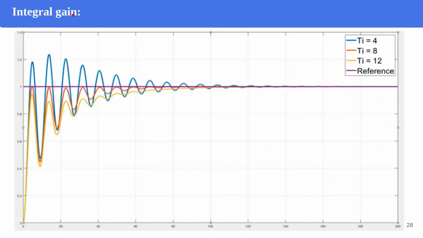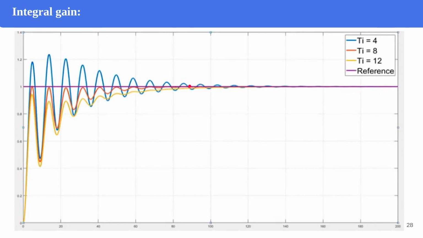For integral time, when the integral time is equal to 4, you see these blue curves here and these fluctuations that are considerable. Then it shows the response time when we have Ti equal to 12, this yellow curve here, and you see the reference is shown in purple here.